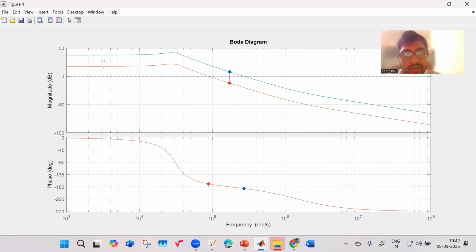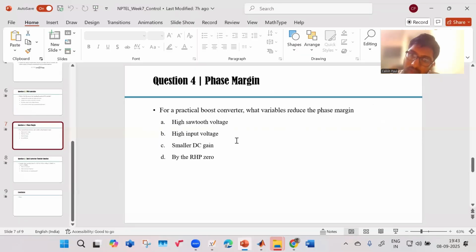Because the DC gain of the second one, the orange one, was less than the DC gain of the first one. So if you want a higher phase margin, in this case, you would need the DC gain to be less. That's why I said you would want a smaller DC gain.